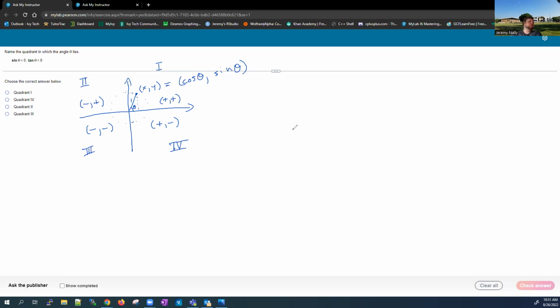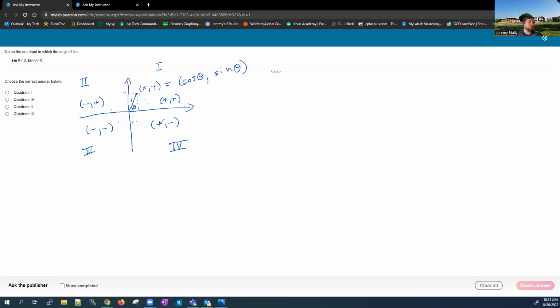Okay. So now, what does that mean? That means that in quadrant 1, cosine and sine are both positive. In quadrant 2, cosine is negative and sine is positive. In quadrant 3, cosine is negative, sine is negative.